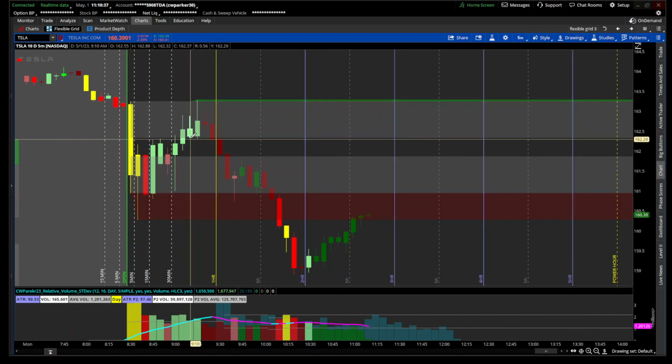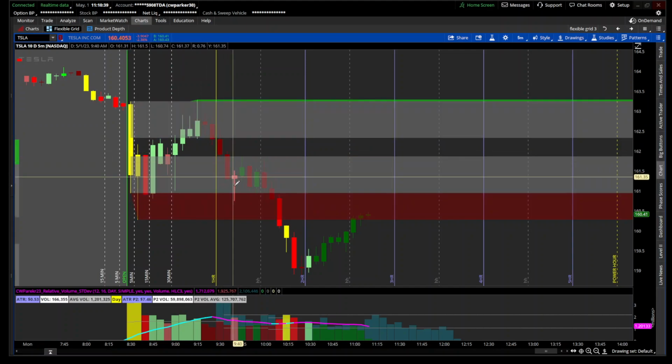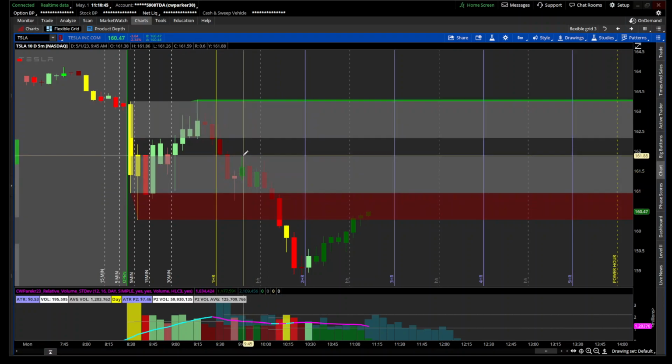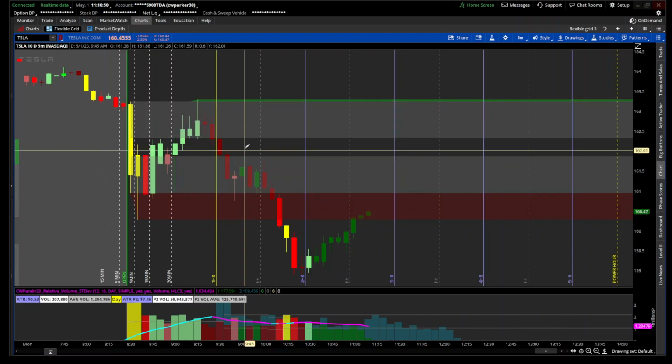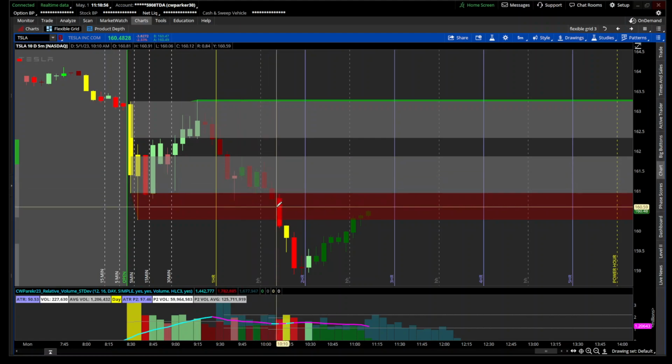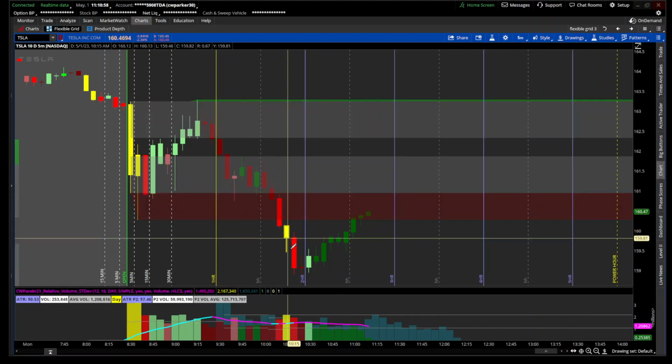It sat right here for a moment, then it broke down, came back to the same little area from here, and it broke down again, but it kind of found support. You can look right here, hit the top of this little 10% deviation, or 10% of the range right here in the middle, and it came back down, and sellers came in and basically sold off.